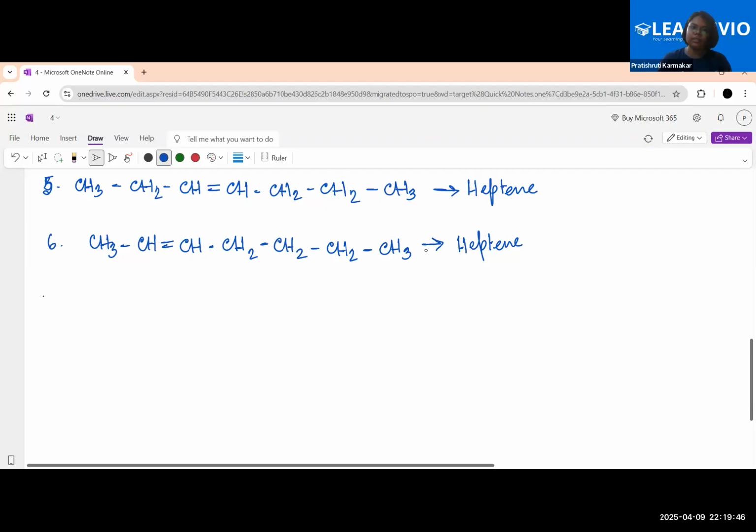And similarly, this one will be hexene. 15. Oh yeah, heptene, heptene. I miscounted it.